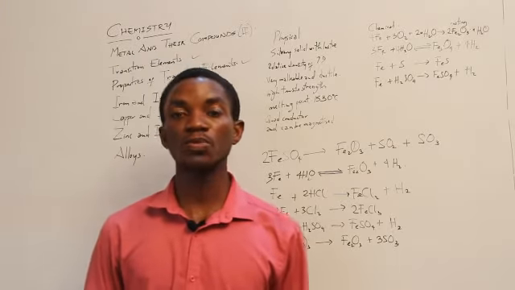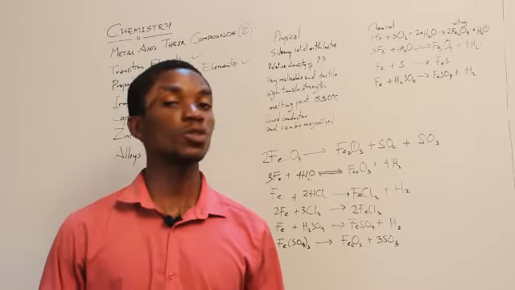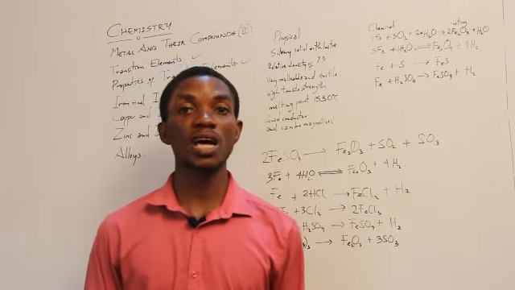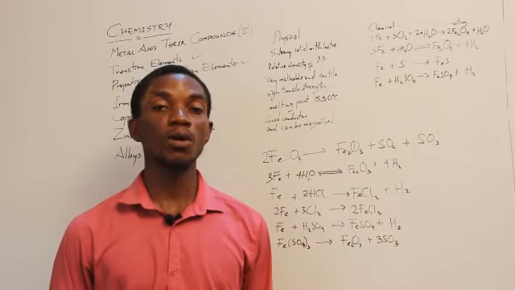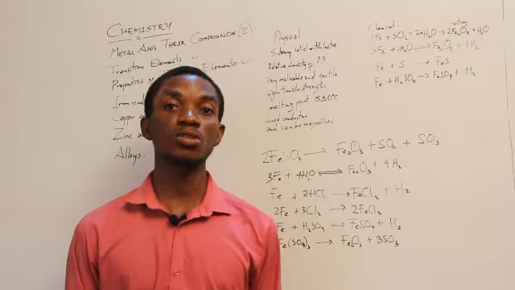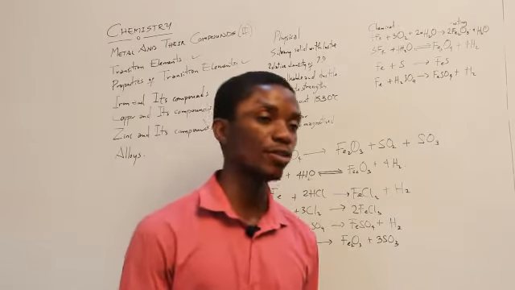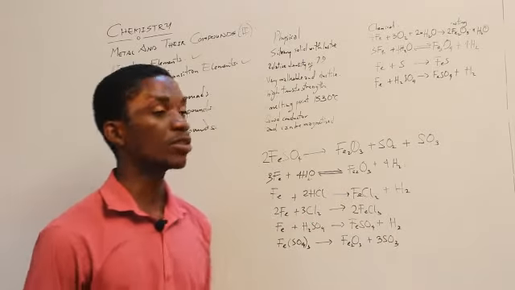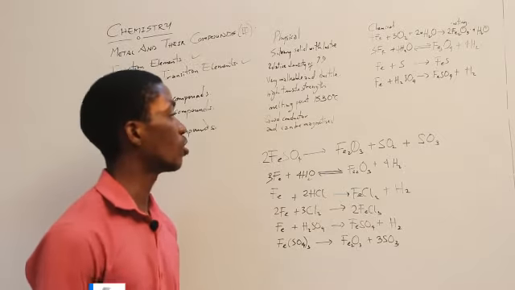Of course, we are told that almost all the transition metals have colors. Iron(II) exists in a greenish color, but when it is exposed to air, it turns reddish brown, which is the color of iron(III).